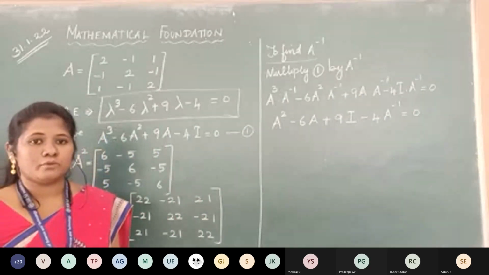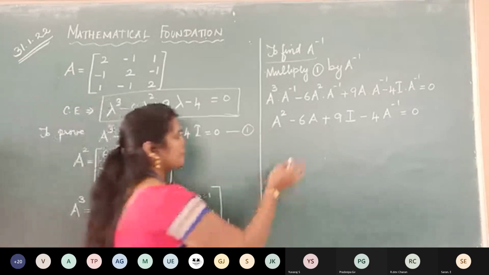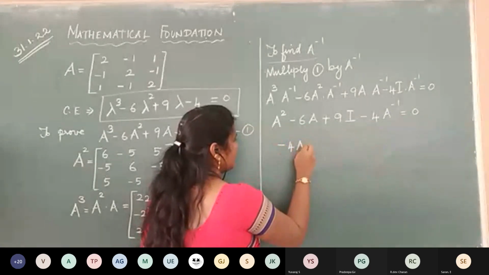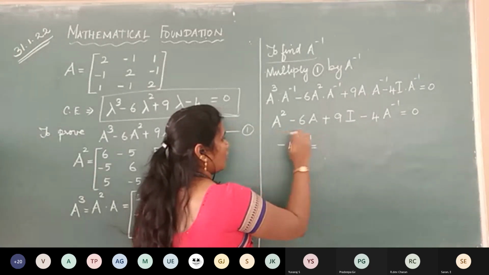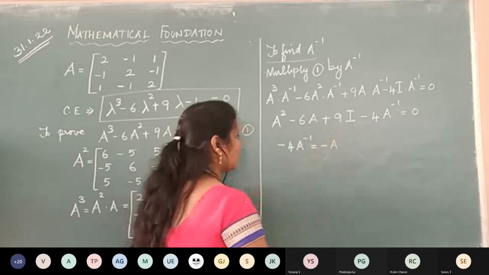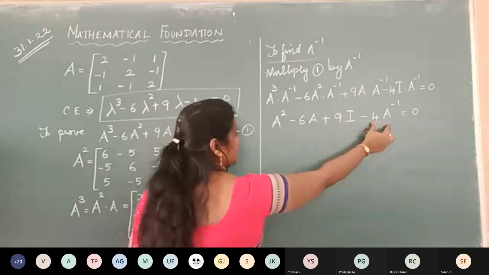Now you want only A inverse, so all other terms you take to the right hand side. Taking the minus 4A inverse to the other side, it becomes plus 4A inverse.